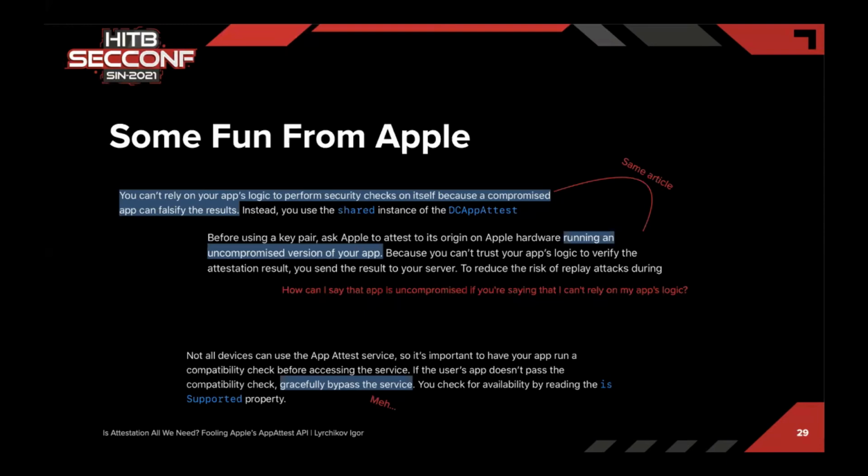And to me, it sounds really confusing because it's almost impossible to say, for example, that you have 100% evidence that you know what is going on at the user's device, that it's not jailbroken or not tampered. How could you say that it's not tampered from the very beginning?